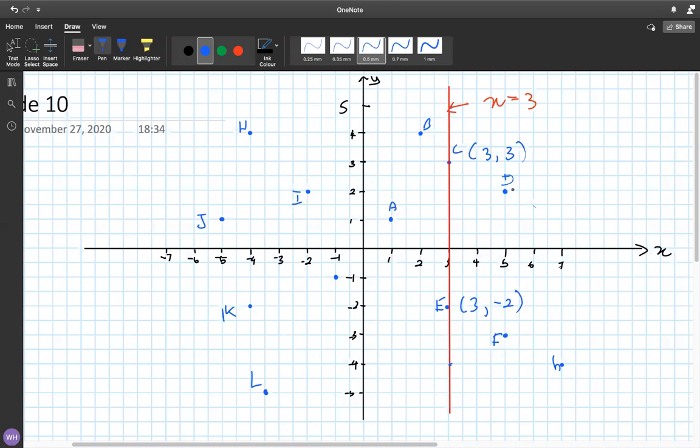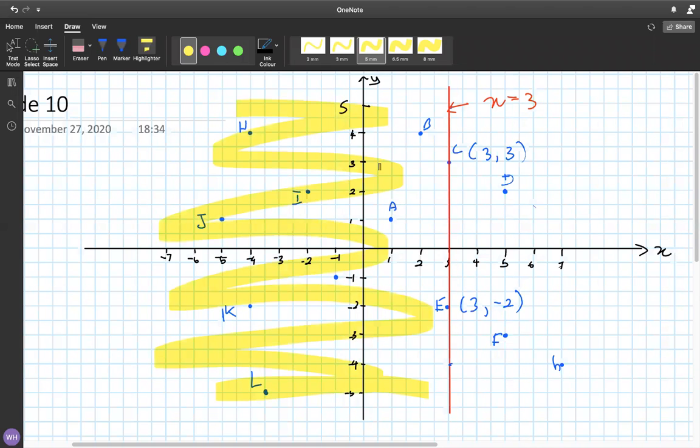Now if you consider any point which is on the left hand side of this straight line, which means in this direction, such as B, A, I, H, J, any of these points, what can you say about the value of x? If you consider the point A, the coordinate of that one will be 1 comma 1.